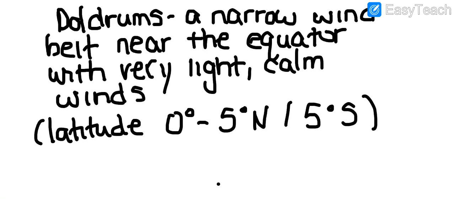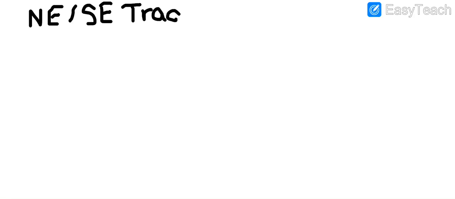All right, we're going to work our way out. So from the doldrums, the next one we would encounter are the trade winds. So I'm going to go ahead and talk about the trade winds next. All right, so we've got northeast, I'm going to abbreviate, and we've got southeast trade winds.